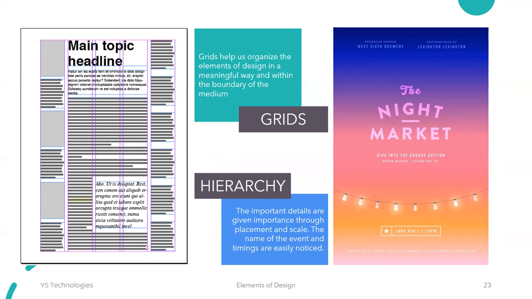Something that helps us with choosing hierarchy is grids. Taking any project and dividing the space with borders helps us to arrange the different elements within it, whether it be text or images and so on, and keep it in a more balanced way.